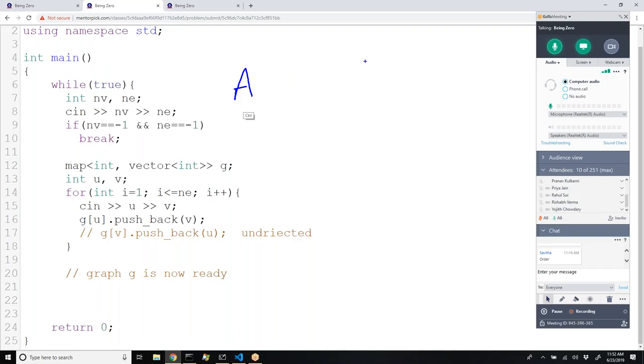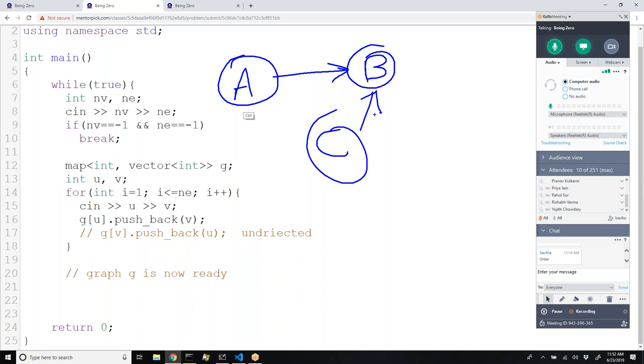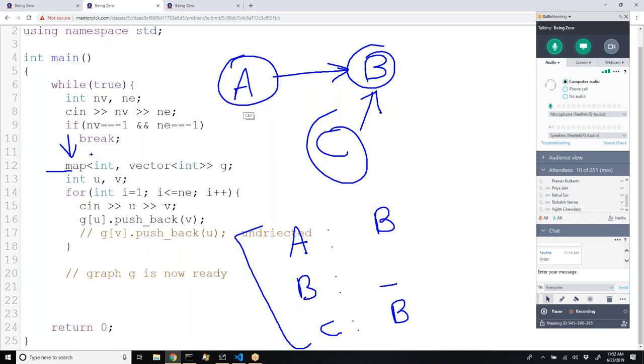So let's say this is the graph, A to B and B to C, right? Map wise, A vertex, how many neighbors does it have? 1, B. Directed graph wise, B doesn't have anything. C, D. C doesn't have A, right?